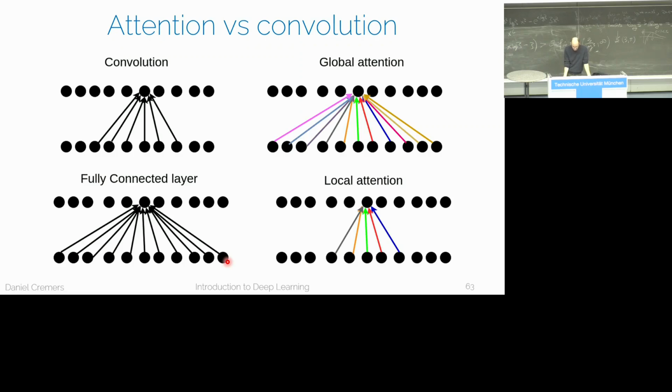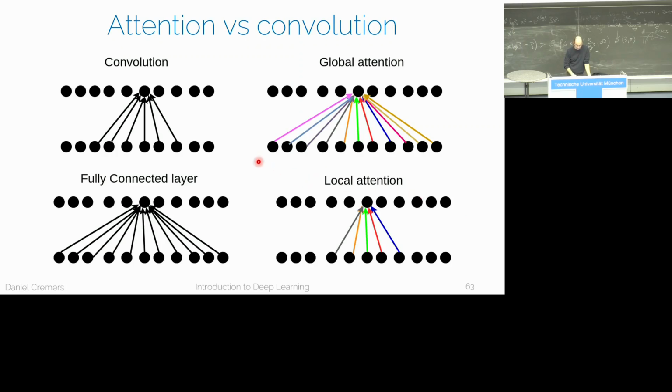In a fully connected network, the input to a neuron in principle depends on all neurons of the previous layer, right? And in attention, it also depends on all neurons potentially, but with a weighting that tells you how important each neuron is to this or that, right?